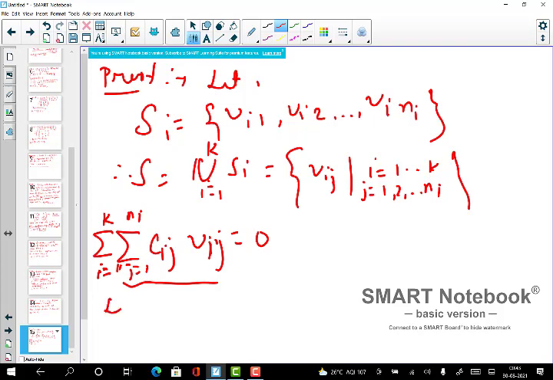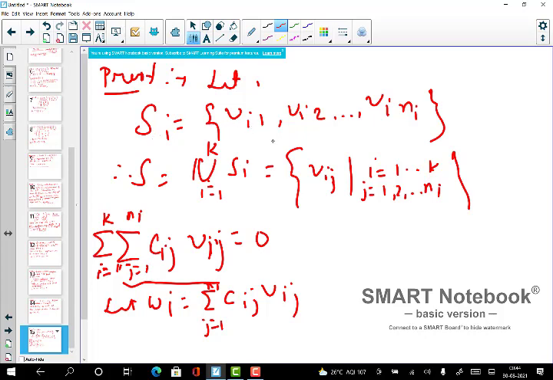So let Wi be the summation of cij, some constants, times Vij, with j summing from 1 to ni. Summing over j means you are summing inside the set Si.